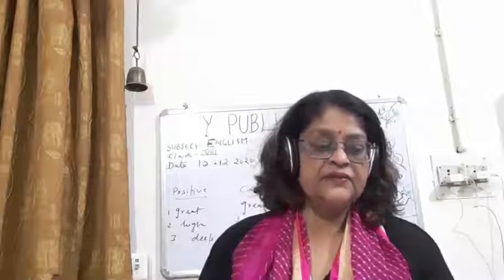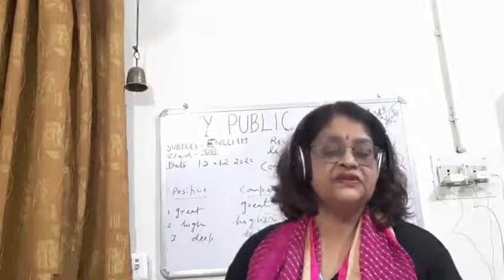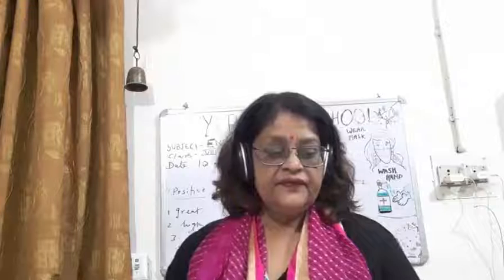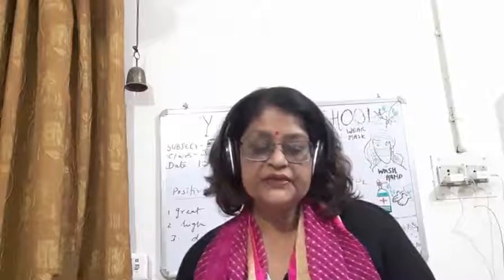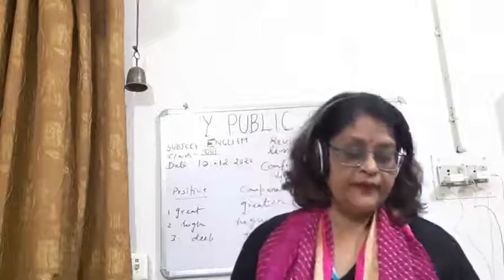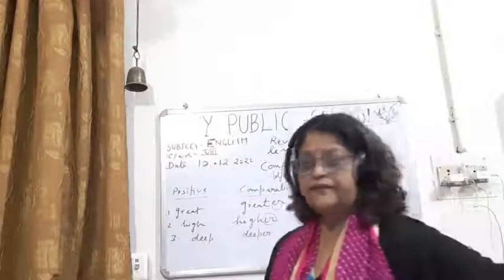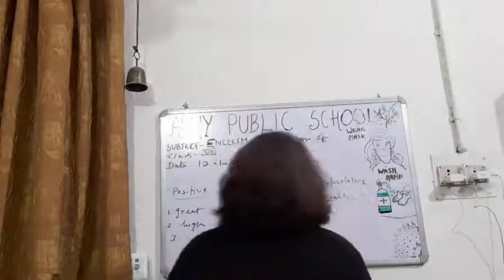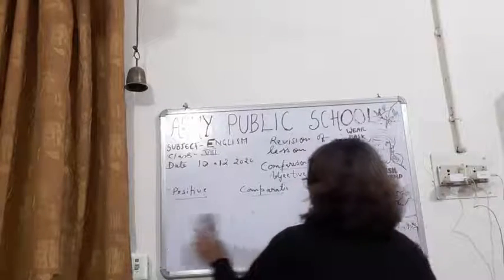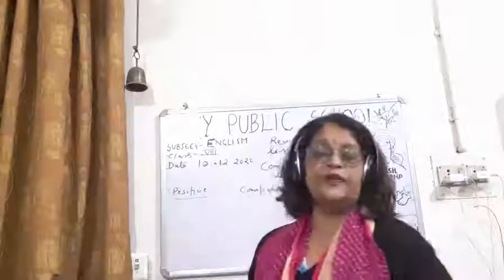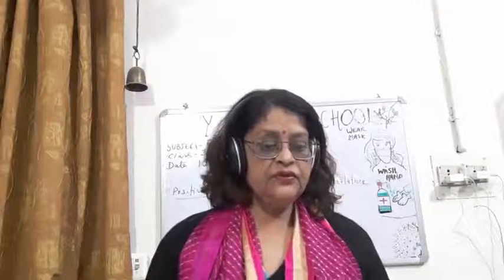Okay, then children, the second group comes by adding R and ST to the positive degree ending in E. That means, children, if the positive degree ends in E, then R will be added to form the comparative degree and ST will be added to form the superlative degree. For example, we will take the word noble.